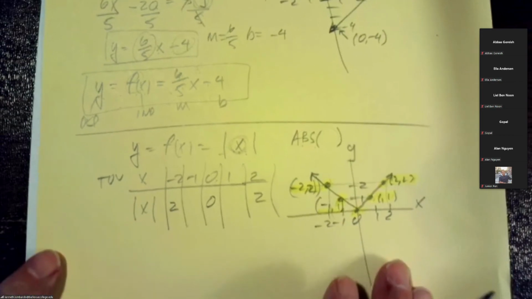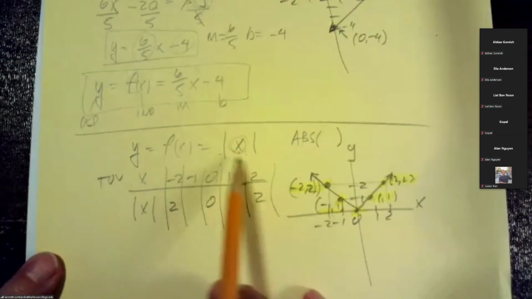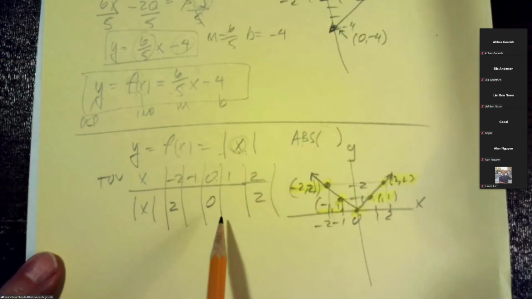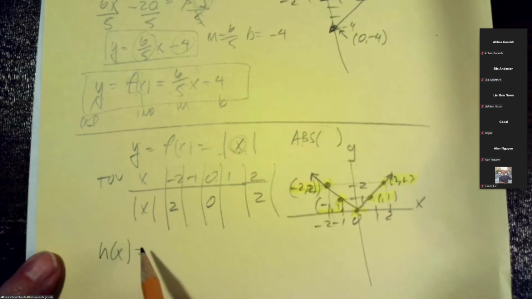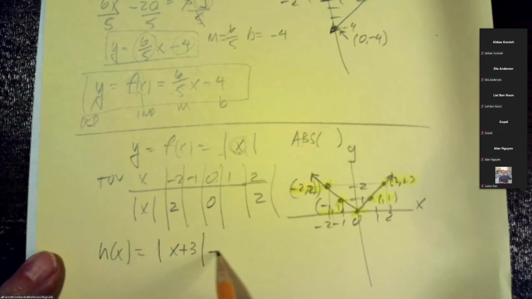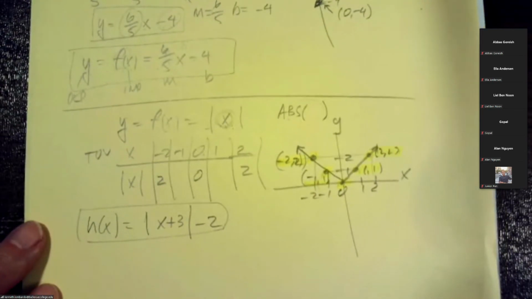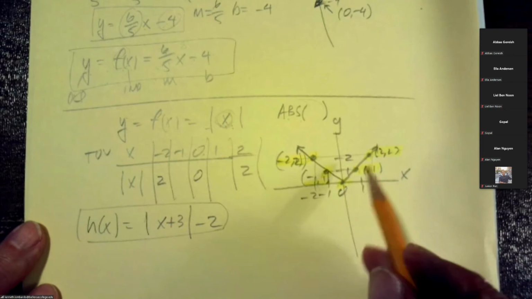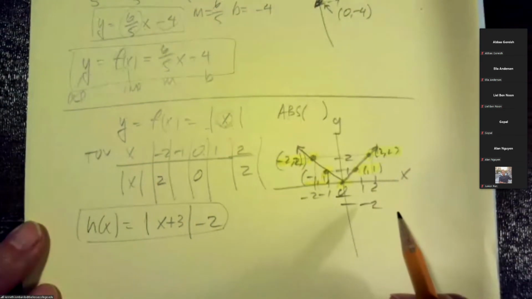Say, hey, that's great. You say, well, given that we have this, how about you graph h of x, which looks like absolute value of x plus 3 minus 2. Graph that. Now, what is that going to look like? -2, so it looks like we're going to come down here 2.